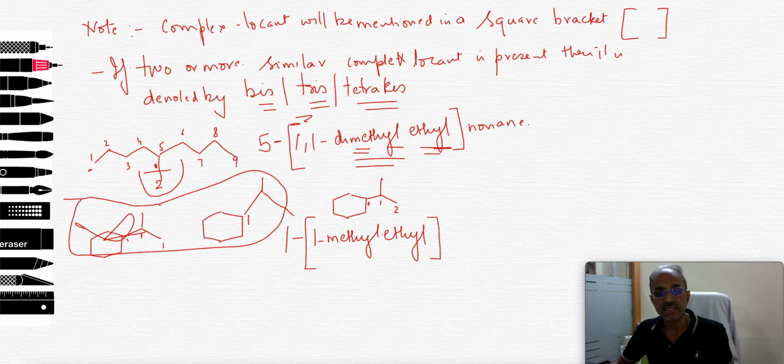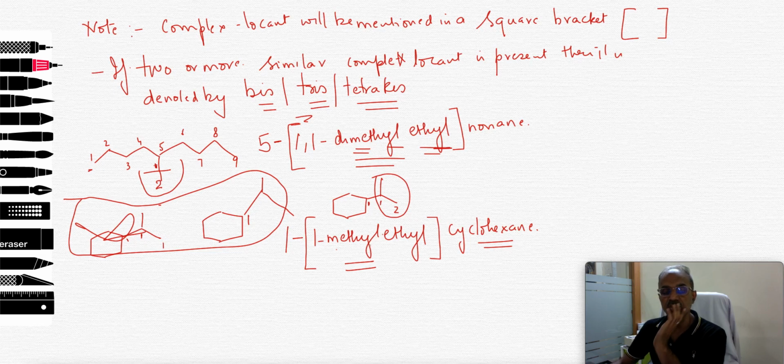This is 1, this is the complex locant, 1 methyl ethyl cyclohexane, cyclohexane, 1 methyl ethyl cyclohexane. Fine.